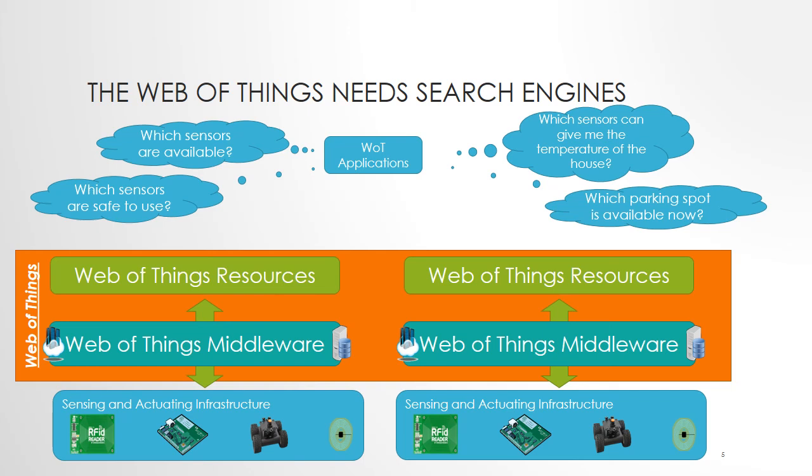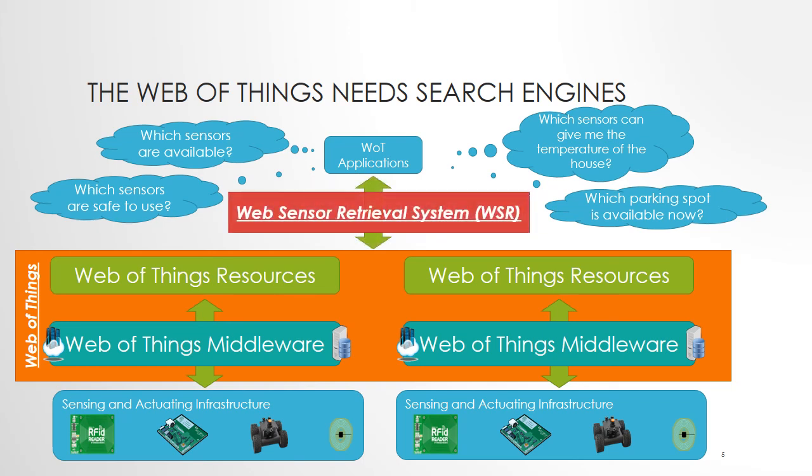However, the resulting systems are static and closed, which are no different from solutions before the Web of Things. An alternative is developing a software system that is responsible for detecting and resolving queries on Web of Things resources. In the case of resources offered by sensors, we call these systems Web Sensor Retrieval Systems.